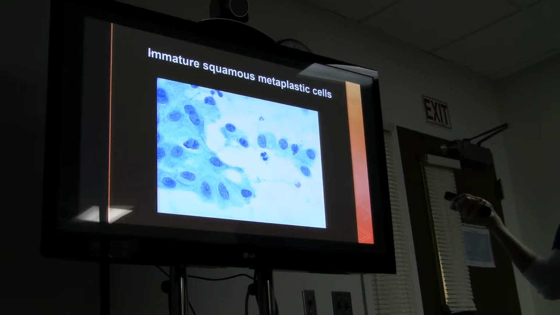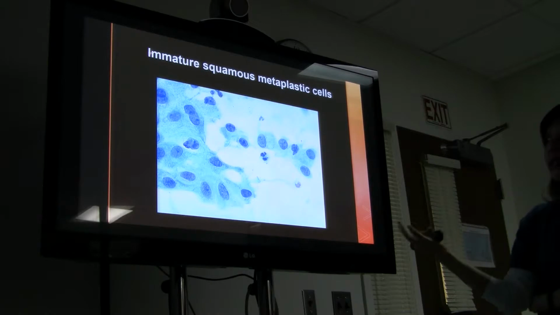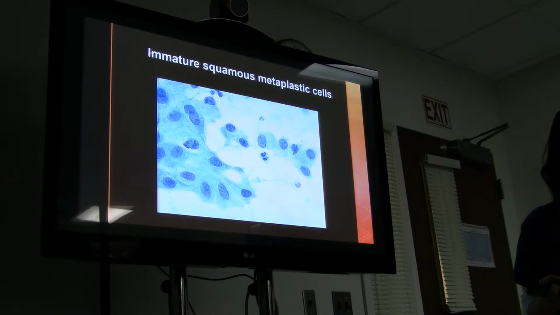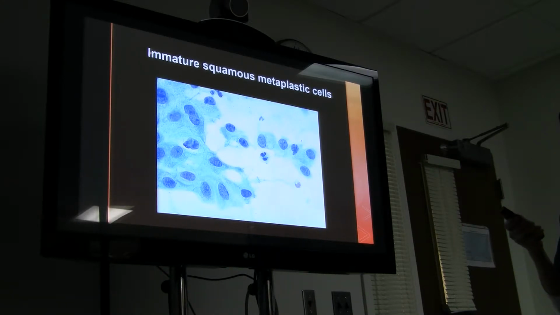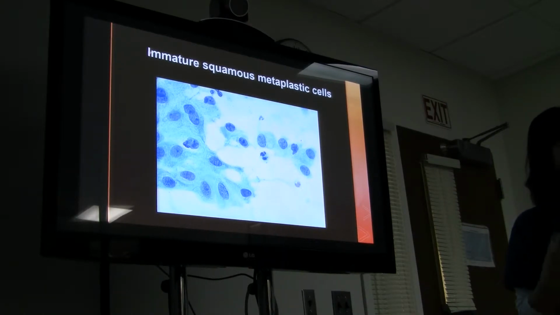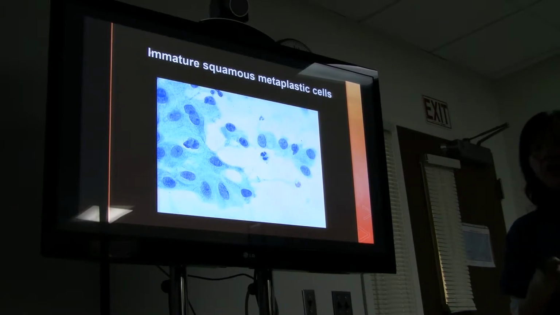In order to determine whether the cells are normal or not, you look at the nucleus. That's the well-being of the cells. If the cells look normal and healthy, they should have a very well-rounded, very uniform nucleus. If the cell is not healthy, then it may have a different shape.